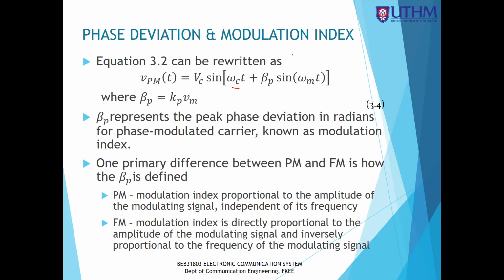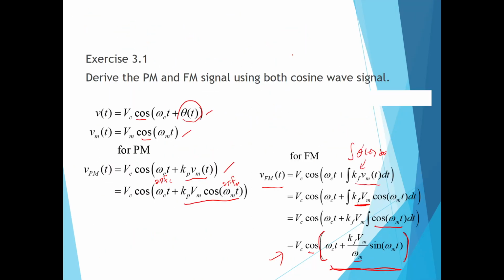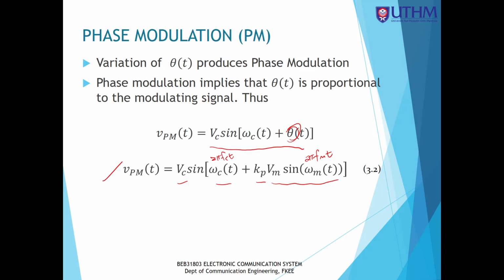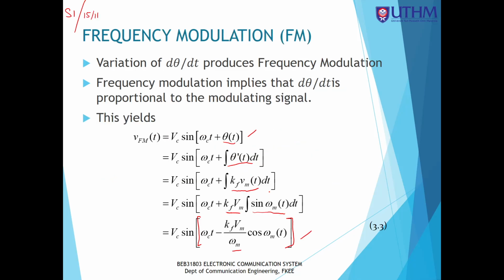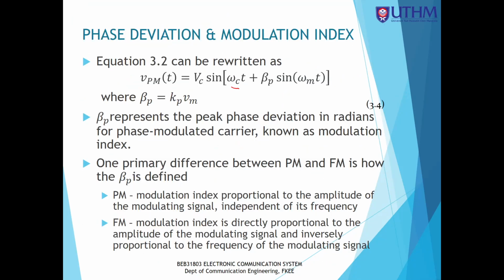Remember that equation 3.2. If you see equation 3.2, from these equations we can replace KpVm with the modulation index parameter, which is beta P.